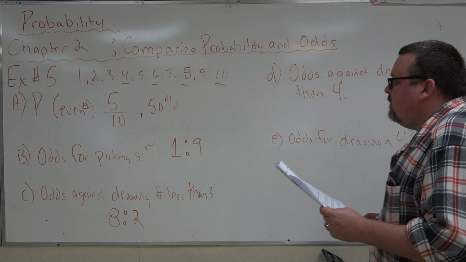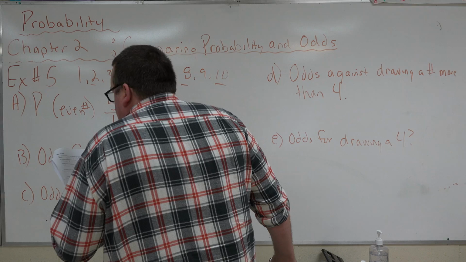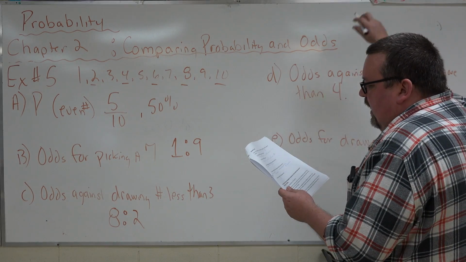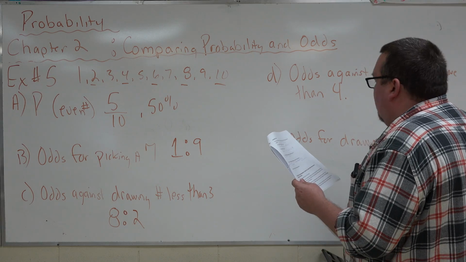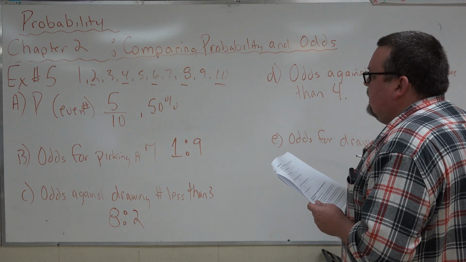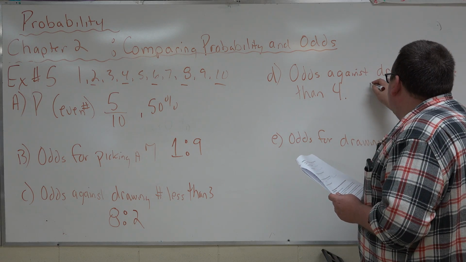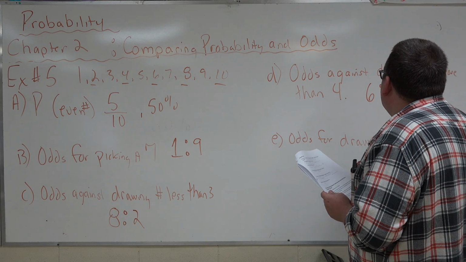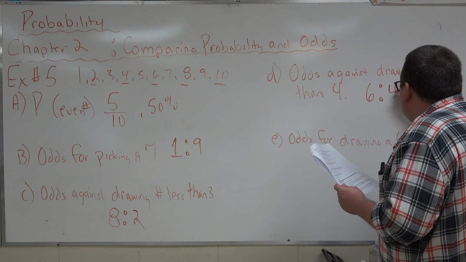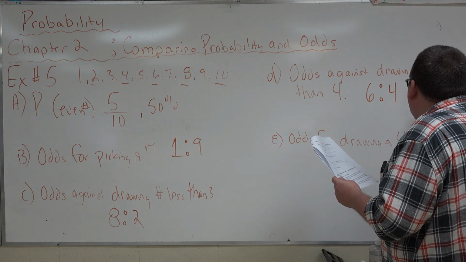Well, that's a few. Here's what we're going to do. What I did right away is I looked at that and went, even though it's not asking for it, I'm going to show the odds for. Because we're going to have 6 numbers that can work in our favor of getting a number more than 4.